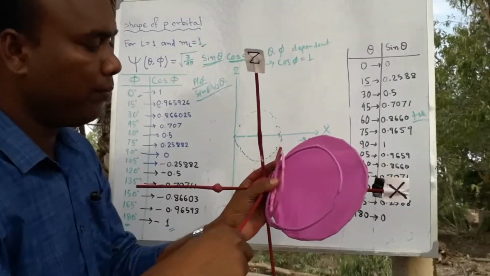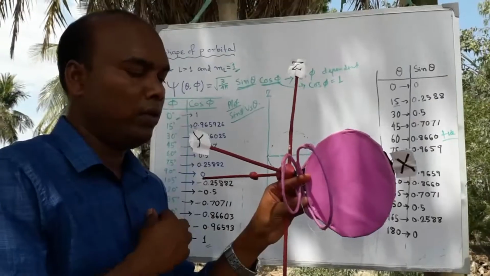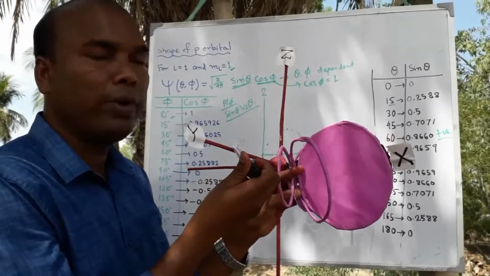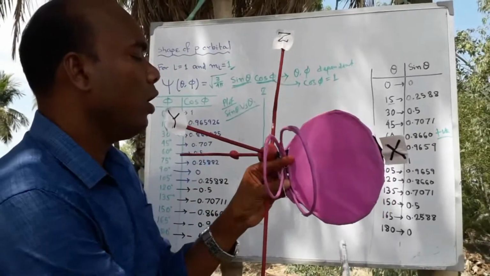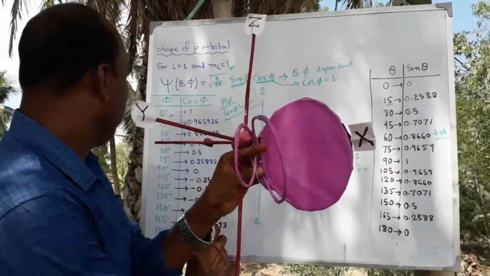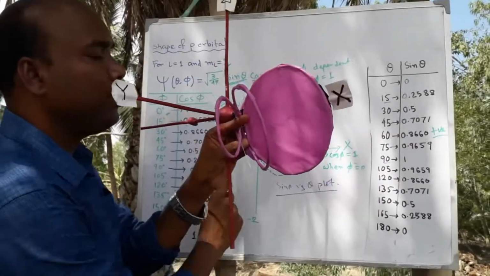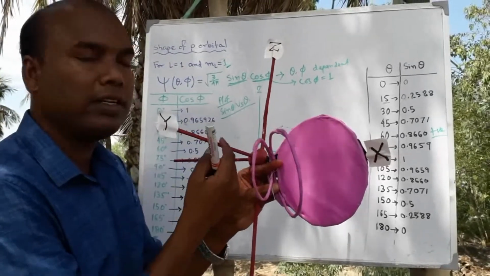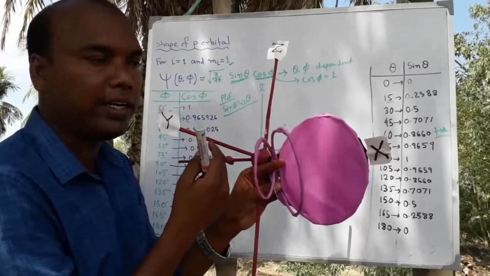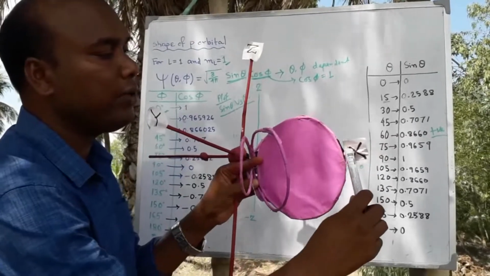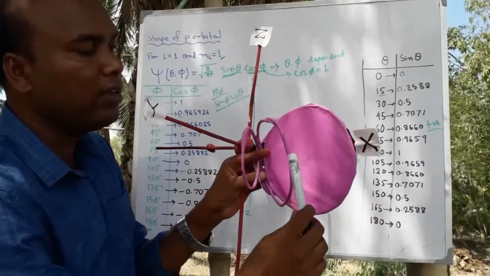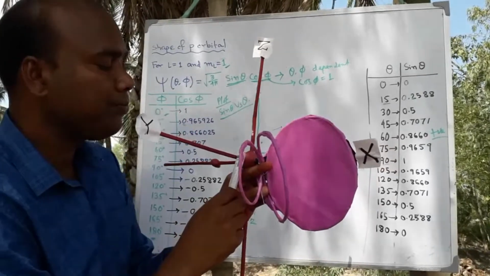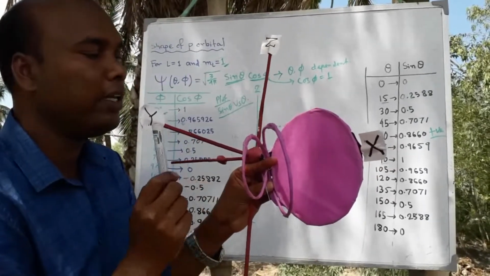And look at the y direction, that is when phi is 90 degrees or 270 degrees, then cos phi is 0. Then the circle will not exist in that direction, that is at the y direction. See here, this is your x-axis. With increasing phi, the size of the circle reduces, and finally it becomes 0 at the y direction.